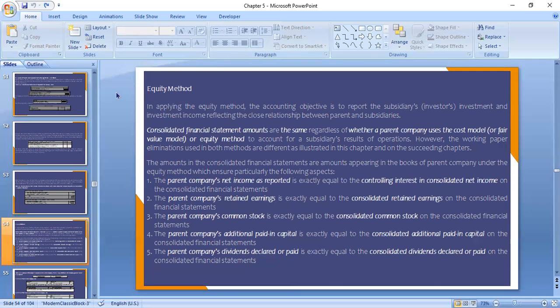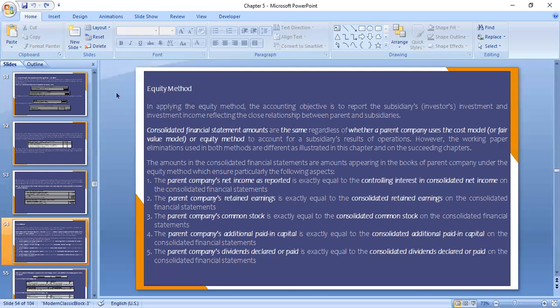The amounts in the consolidated financial statements are amounts appearing in the books of the parent company under the equity method, which ensure particularly the following aspects.